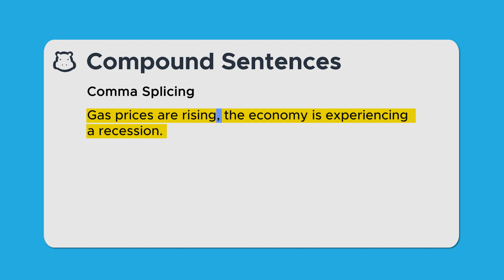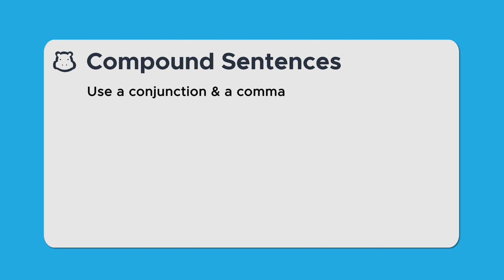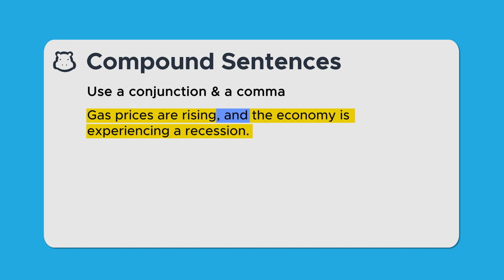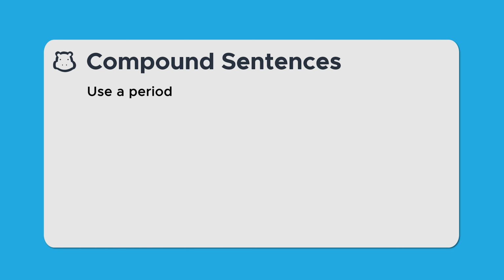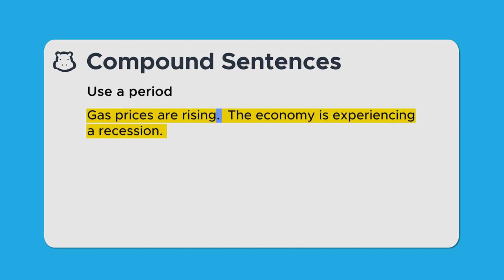To fix this sentence, we can use a comma and a conjunction to separate the ideas. For example, gas prices are rising, and the economy is experiencing a recession. Or simply leave both these clauses as simple sentences, separating them with a period. Gas prices are rising. The economy is experiencing a recession.